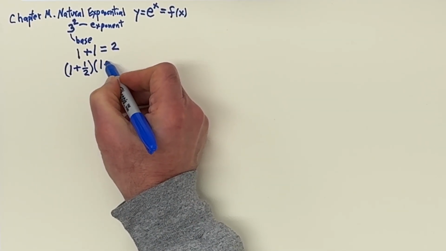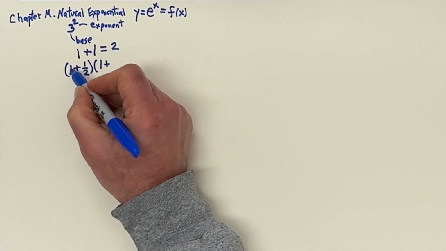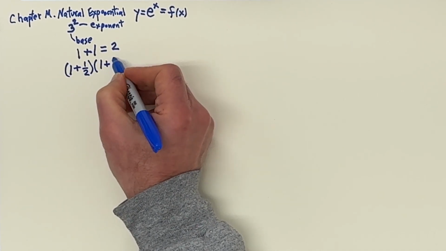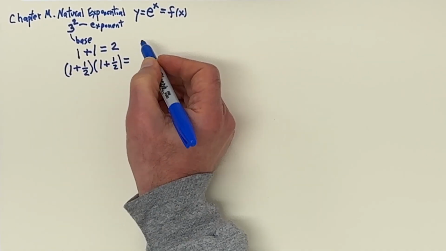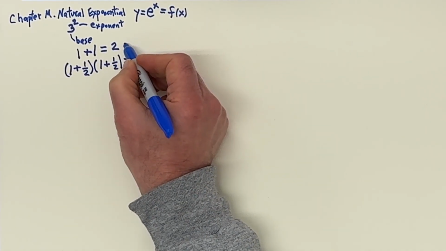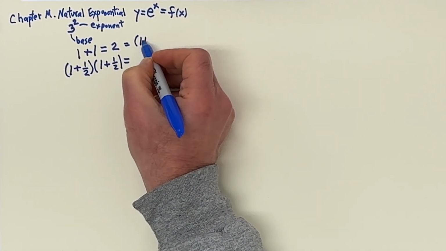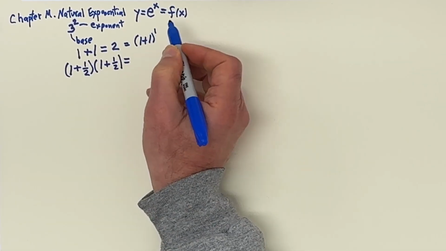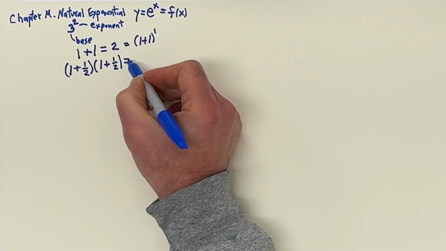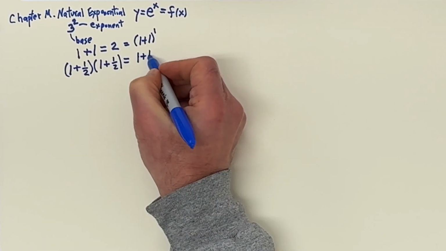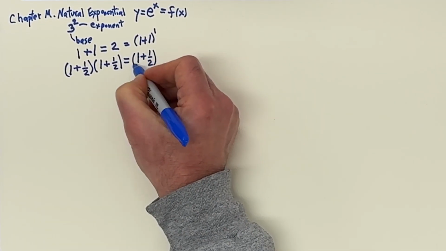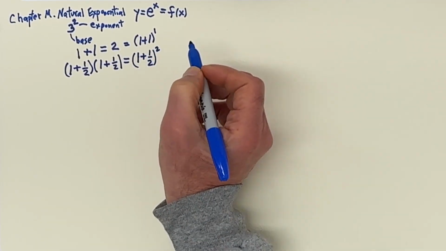And then in the second 6 months, I get this principal, which is now a little bit bigger, plus a half. So I'm getting interest on interest. You can think of this first one as 1 plus 1 to the first power. And then you can think of the second one as 1 plus a half to the second power, like that.